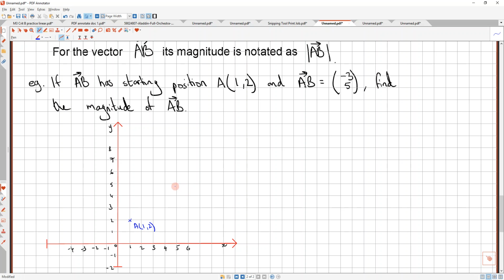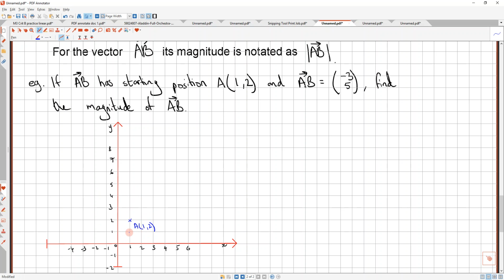I've got its starting point. You do -3 over 5. How can I display A to B on this diagram?